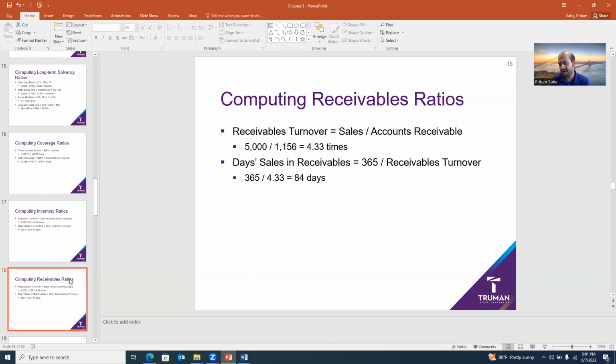If you make a sales in credit, how long you need to convert those accounts receivable into cash? Okay, how long you need? So this is trying to tell you in a year how many times you can convert your accounts receivable in cash. This is in days, okay? So lower these days, you have better conversion, better efficiency.